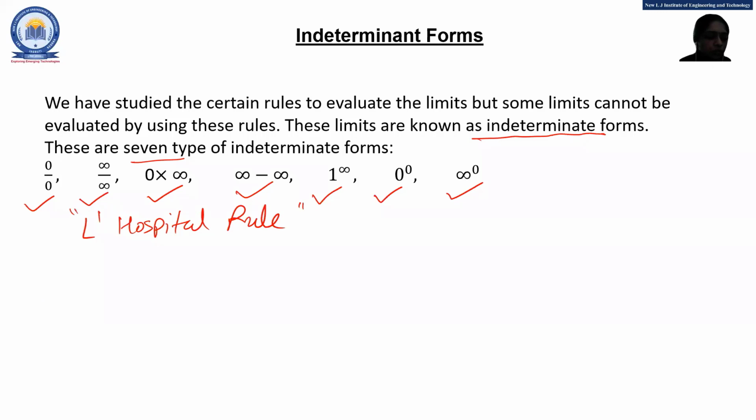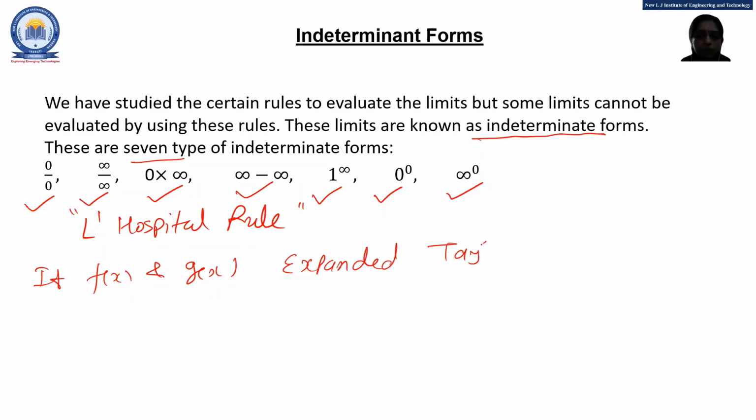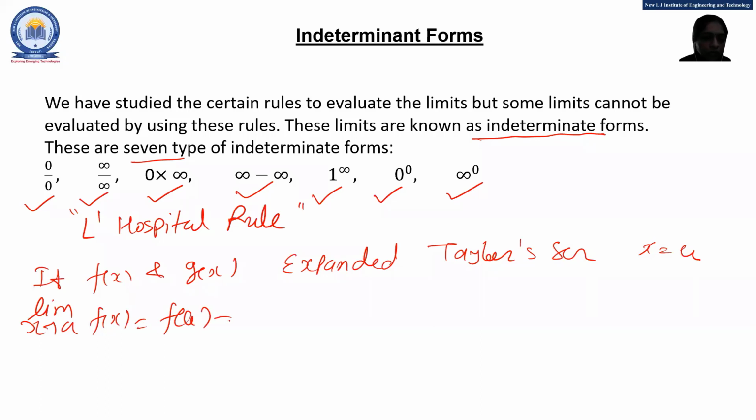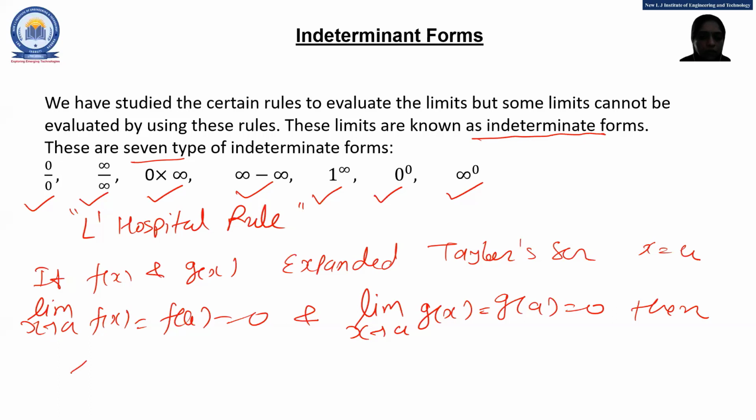The statement of the L'Hospital rule is: if f of x and g of x are two functions which can be expanded by Taylor's series in the neighborhood of x equal to a, and if limit x tends to a, f of x is equal to f of a equal to 0, and limit x tends to a, g of x is equal to g of a equal to 0, then limit x tends to a, f of x upon g of x is equal to limit x tends to a, f dash x upon g dash x.